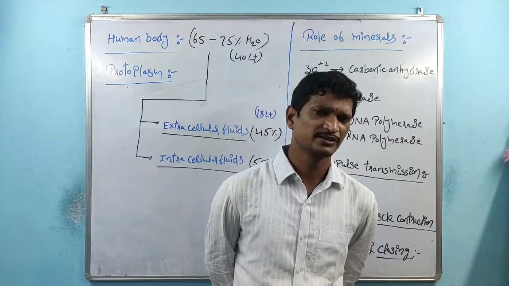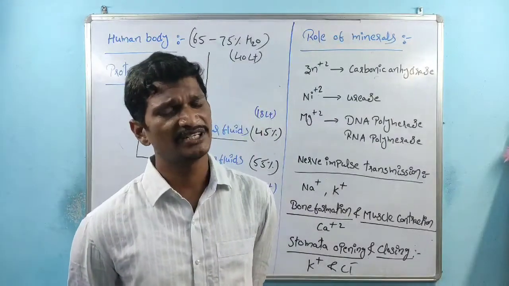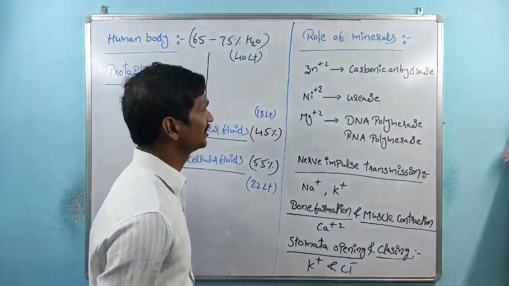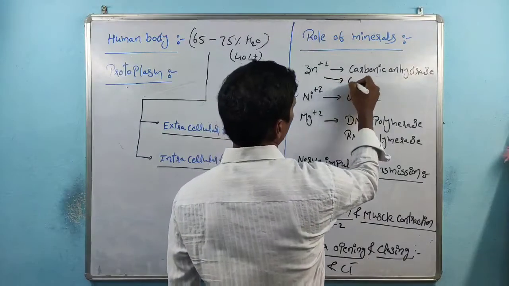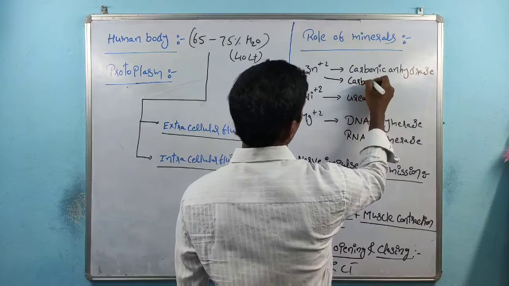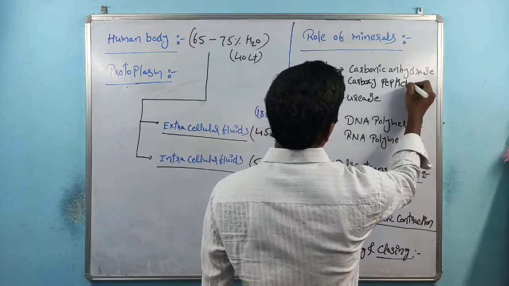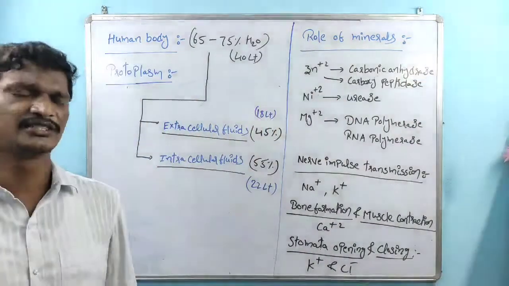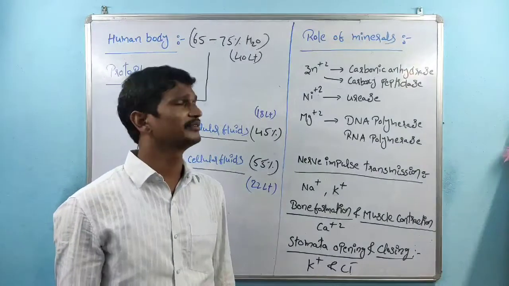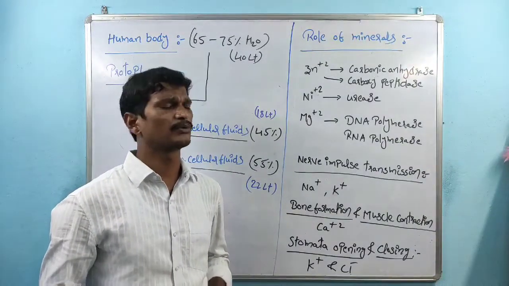The process is catalyzed by the carbonic anhydrase enzyme, which is activated by zinc. One more example for zinc is carboxypeptidase. That enzyme is also activated by zinc, and it is involved in the digestion of proteins.